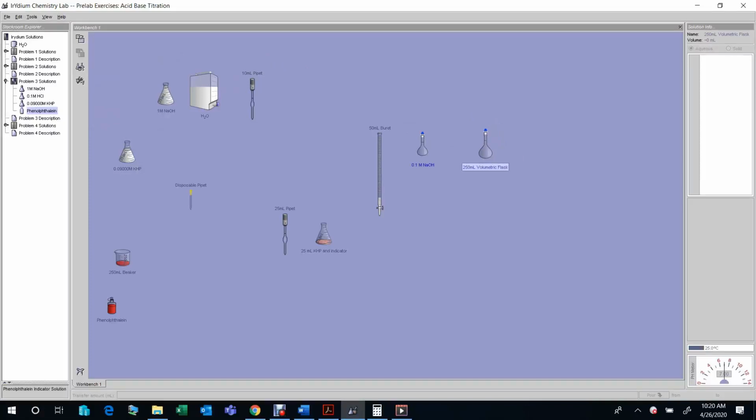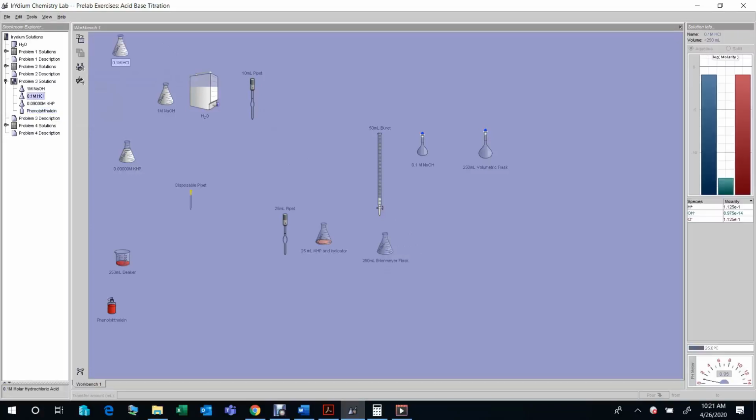So here we fill the sodium hydroxide solution, and then we can do the titration. Okay, here is the Erlenmeyer flask, and this is 0.1 molar HCl solution.